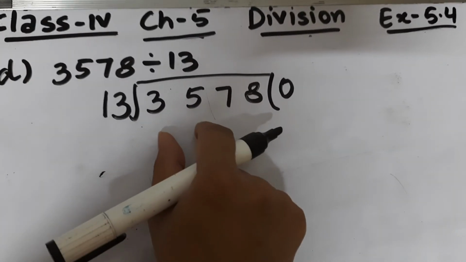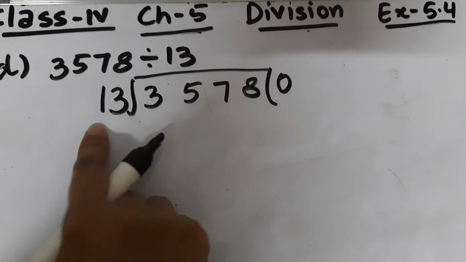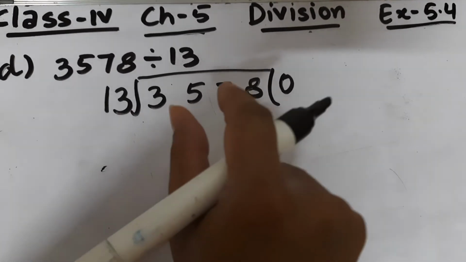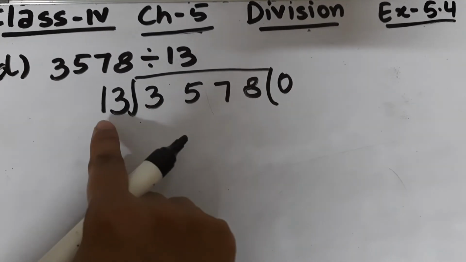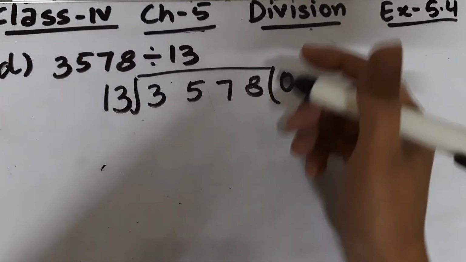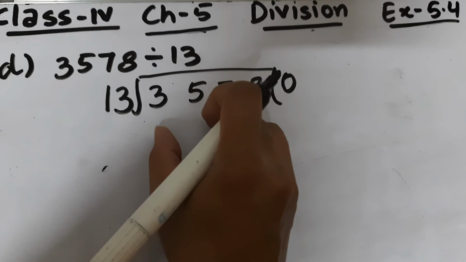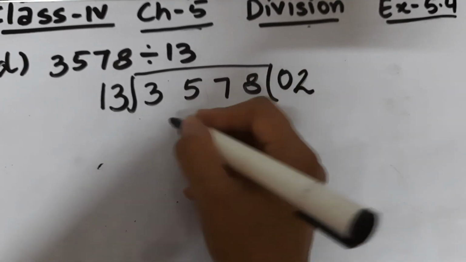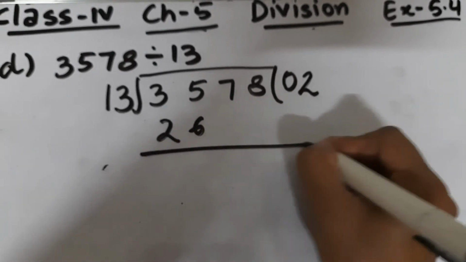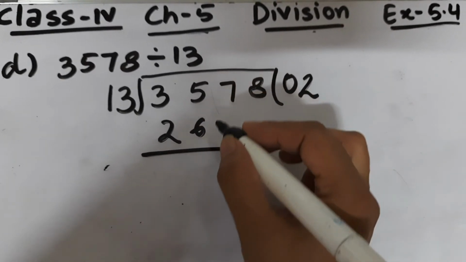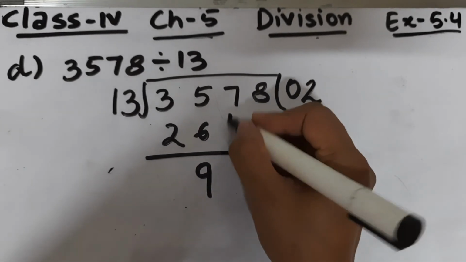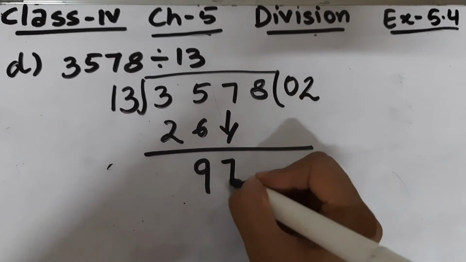Does 35 come at the table of 13? No, 35 doesn't come at the table of 13, so we will take a number that is just smaller than 35 and comes at the table of 13, and that is 26, because 13 threes are 39, that will be greater than 35, so we will take 13 twos are 26. Now subtract it. 15 minus 6 is 9 and bring this 7 down.